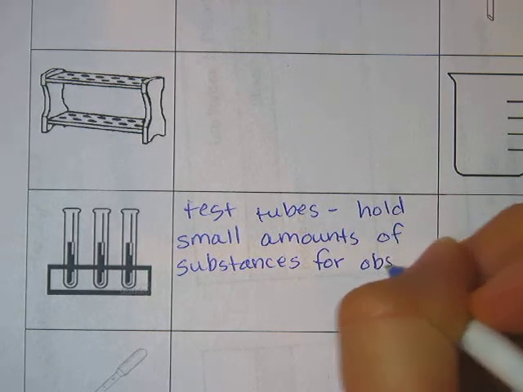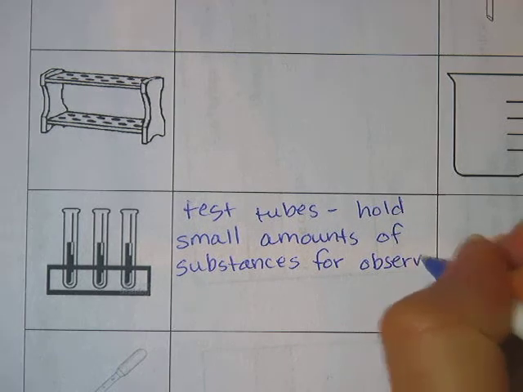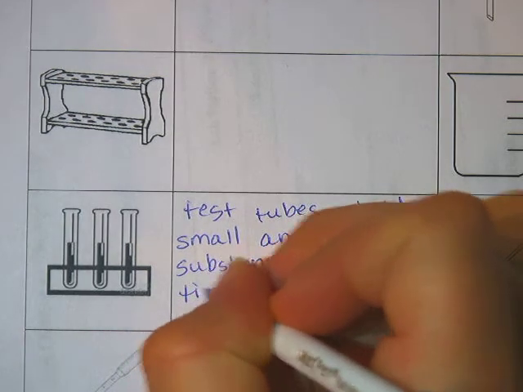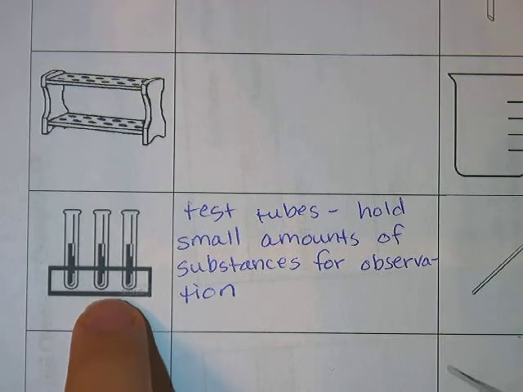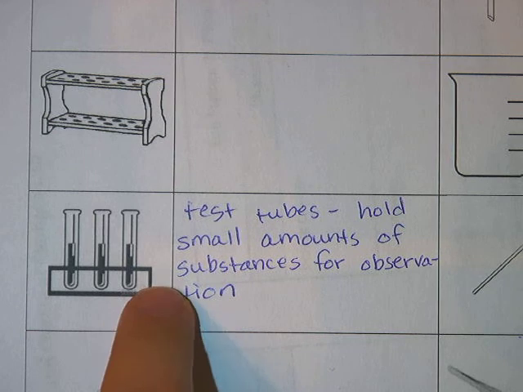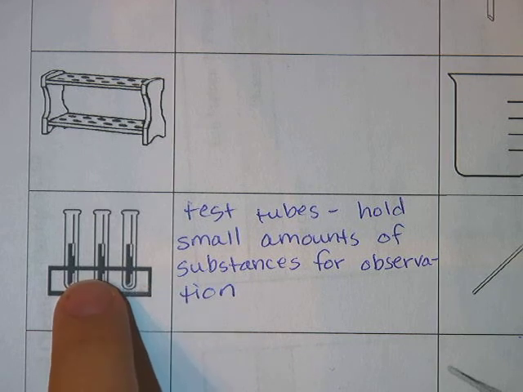So we don't measure with a test tube. There's no markings on them to measure with. We just like using them so we can use small amounts of stuff and see what's going on with them.